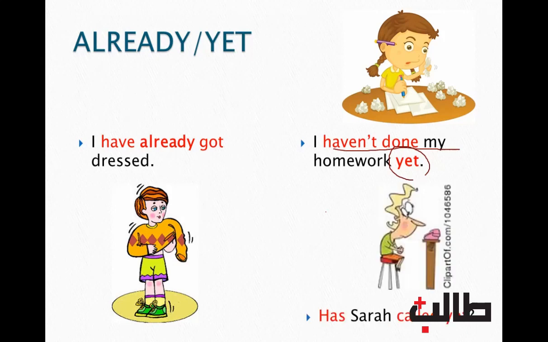Has Sarah called yet? This is a question. So yet comes with negative form, بتيجي في النفي وكمان بتيجي في questions اللي هي الأسئلة. And already comes with positive or affirmative form اللي هو الإثبات. ده الفرق بين already و yet.